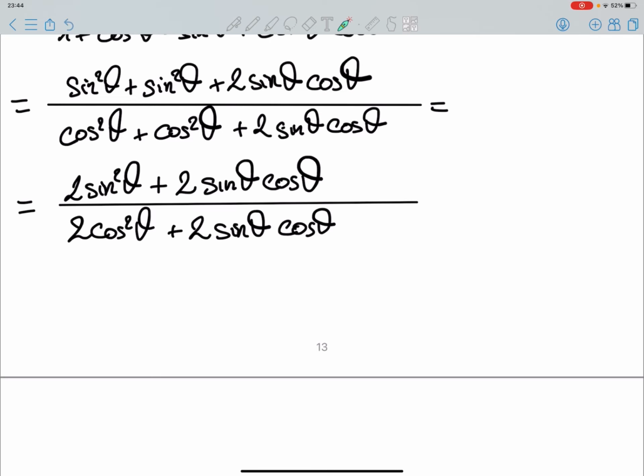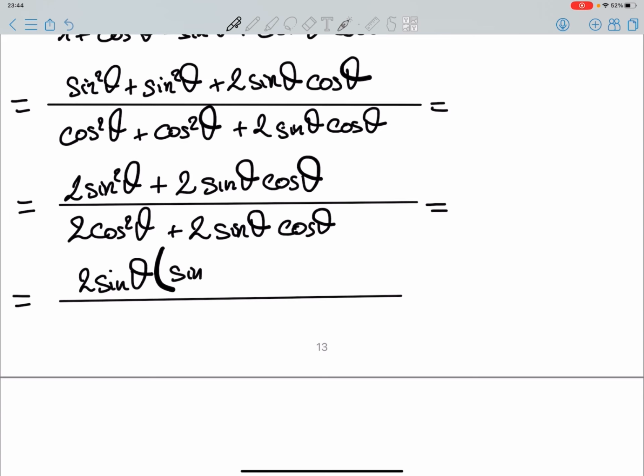Now we have a factor 2 sine theta here, a factor 2 sine theta here, so we can factorize, and same thing here, we have a factor 2 cosine and a factor 2 cosine here, so we can factorize, right? So this is gonna be equal to 2 sine of theta, and then we're gonna be left with sine of theta, then plus cosine of theta, right?